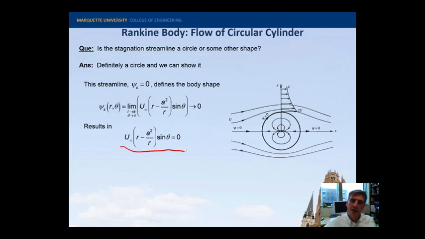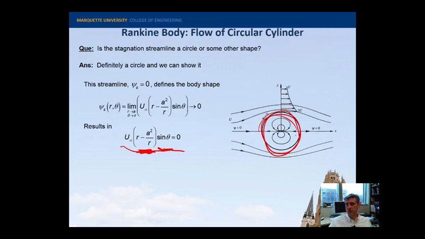Now, it is true that this part of the equation is 0, but it's only 0 when a is equal to r. And this one is 0 only when theta is equal to 0 or pi. Now, if we're looking at the whole body, going all the way around, theta is not always equal to 0 or pi.